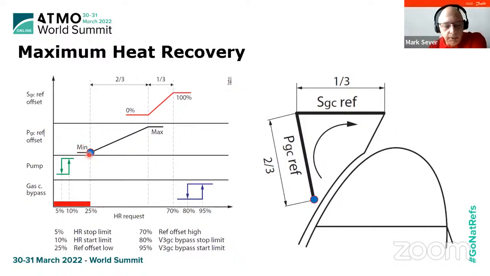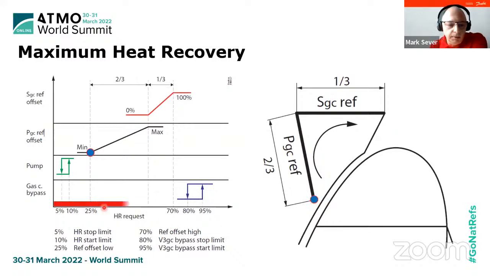If we are below some pressure, for example, running the system at 50 bars, and your minimum pressure in the gas cooler for heat recovery is set at 60 bars, we will jump to this value. In the log pH diagram, we will be at this point. This will be the starting point for the heat recovery.